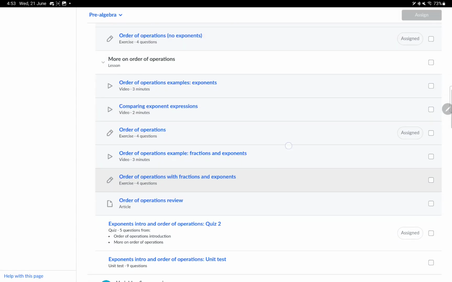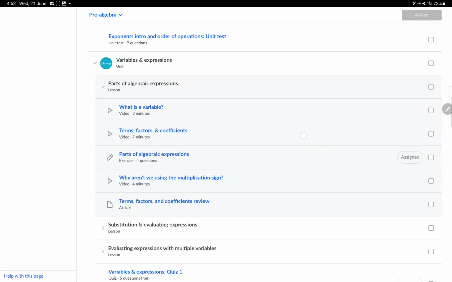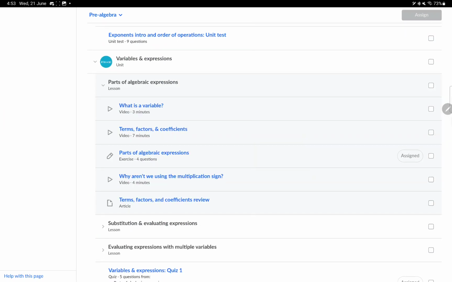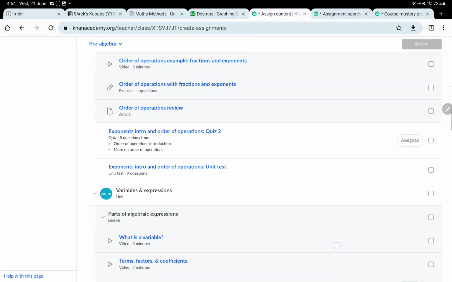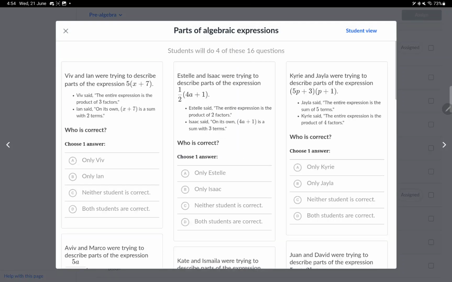Okay, hang on. I can't remember if I assigned the other ones to everyone. Maybe I didn't. Anyway, next would be these ones here, variables and expressions, part of algebraic expressions. This is the tricky one.